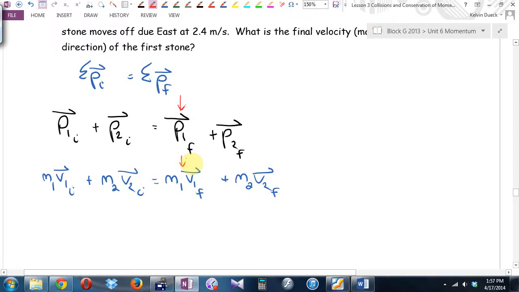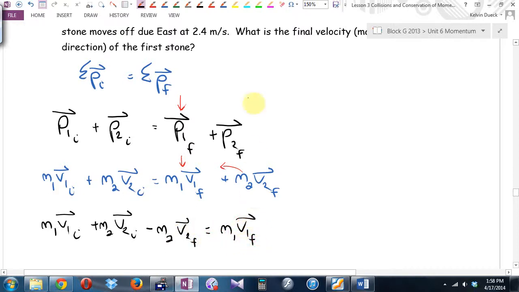Okay, how would I get that by itself? I'm going to minus this to that side. And then, well, let's see. That's going to give me m1 v1 initial plus m2 v2 initial, minus m2 v2 final, equals m1 v1 final.